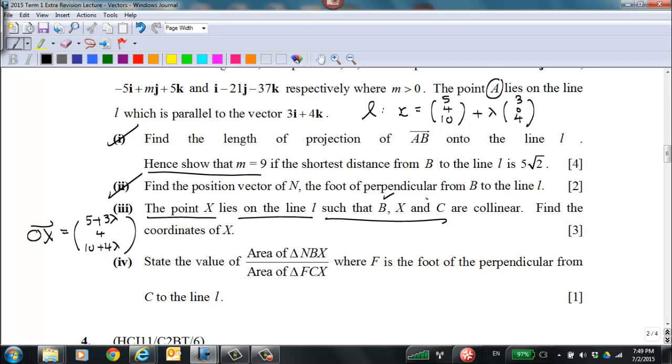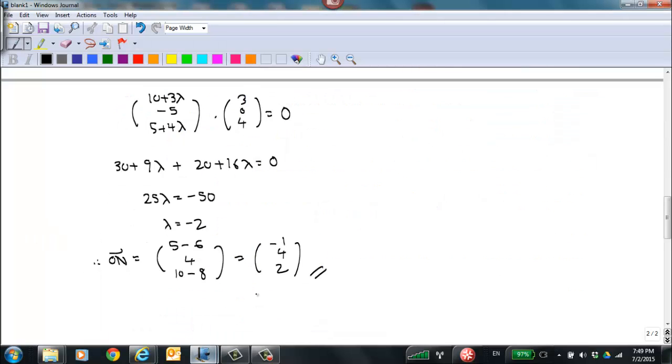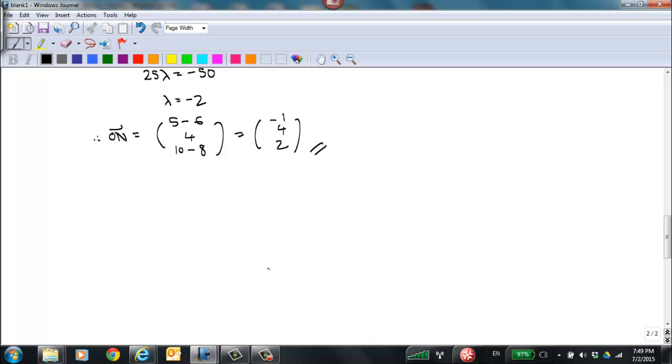Because B and C are known, to solve this question I'm going to use the fact that they are collinear. I'm going to say that BX must be equal to K BC. Take note, I'm using BC because I know what BC looks like.